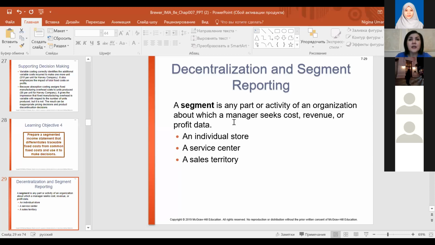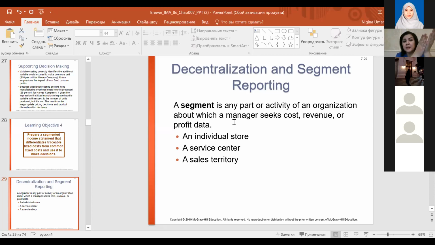Each division may be represented as a separate segment. We're talking about decentralization. It means that some decisions are made by the managers of the segment. Not only the headquarters managers make decisions regarding all divisions, but each division's manager has some power or flexibility to make decisions regarding their segment.